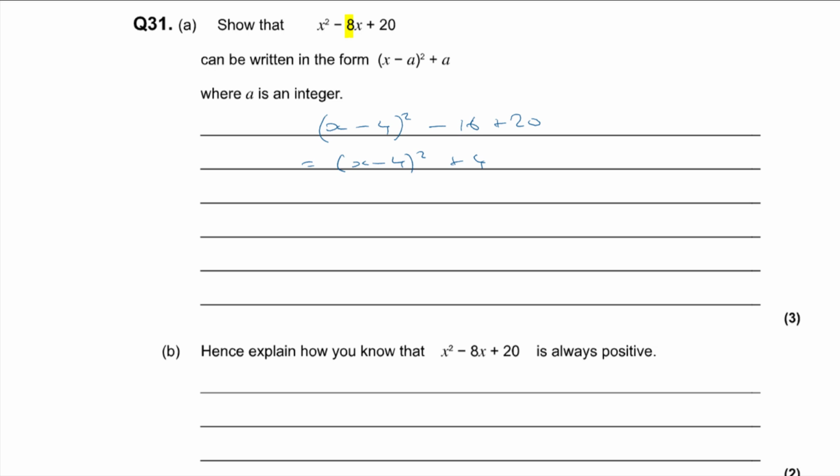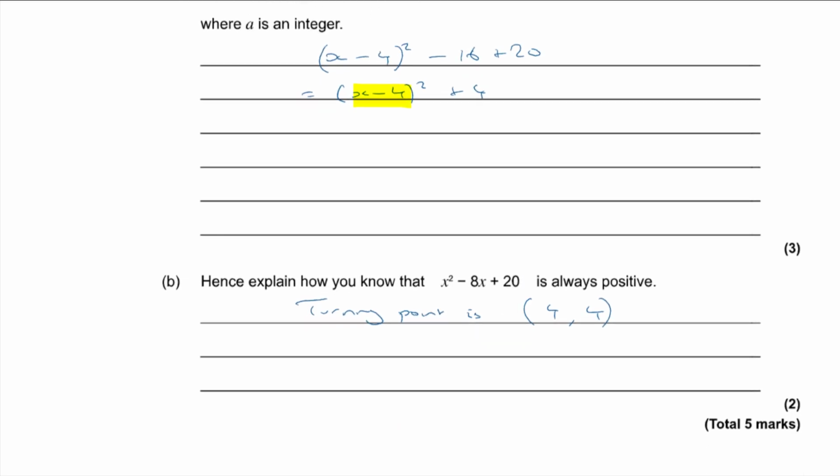Okay, so the turning point is going to be the value of x that makes that bracket 0, which is 4. And when it is equal to 0, the y value is going to be 4. So the turning point is at (4, 4). And this is a smiley parabola, isn't it? If you think about the point (4, 4), then the graph is going to be a parabola through that point, and you can see that it's always above the x-axis.